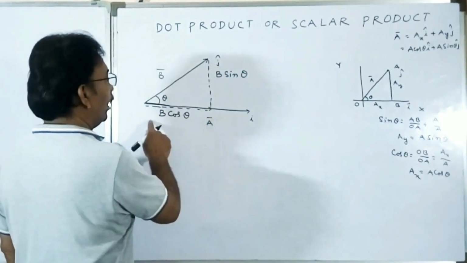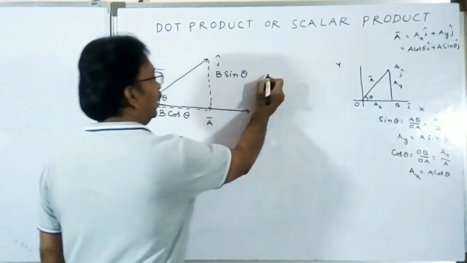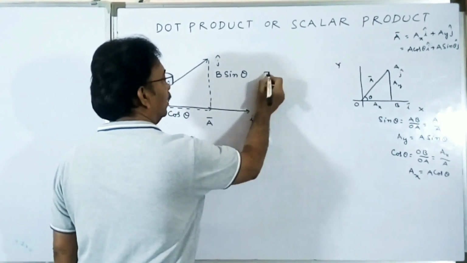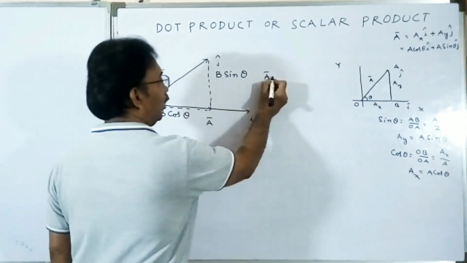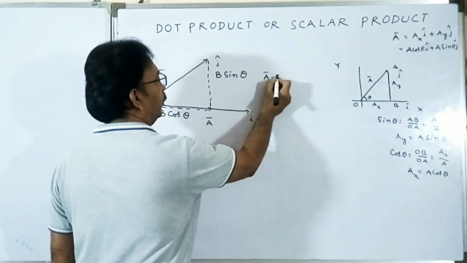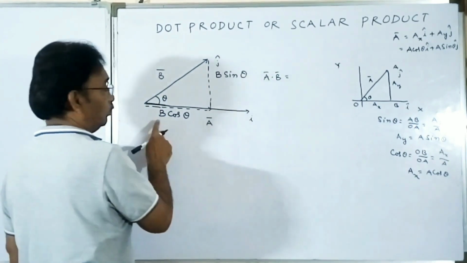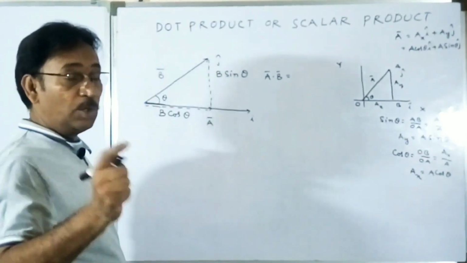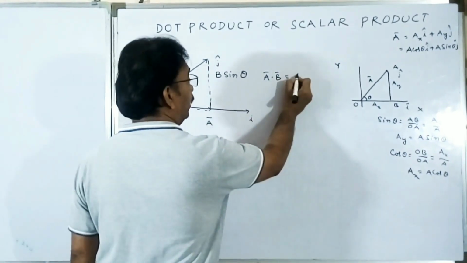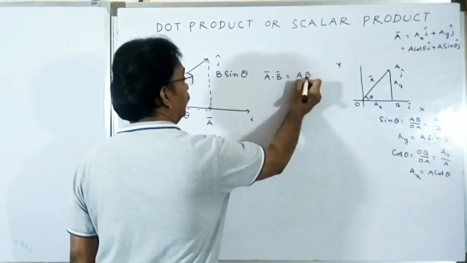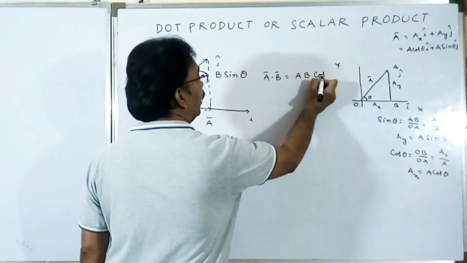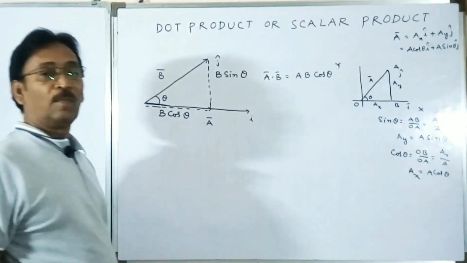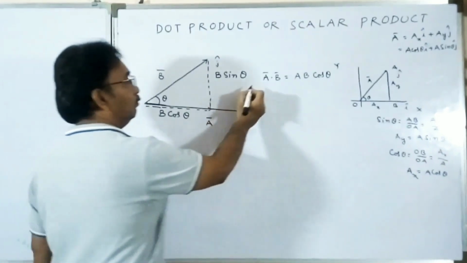Here I am taking the multiplication of these two vectors. It can be done like this: the first vector A bar dot B bar is equal to the product of the magnitudes of the vectors, A B, and the cosine of the angle between them, A B cos theta. That is what?